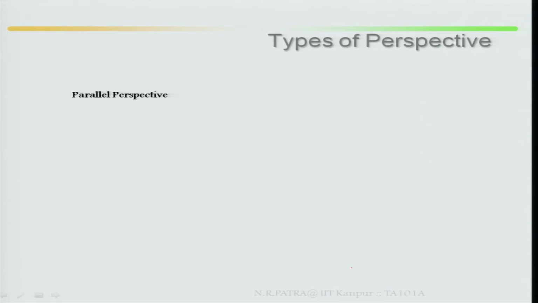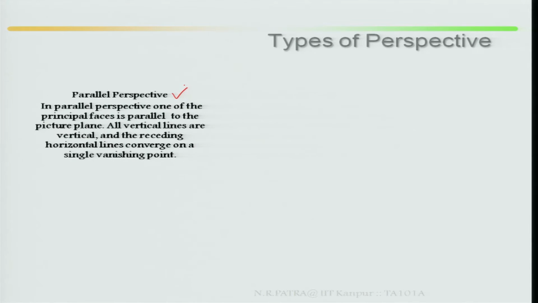Number one is your parallel perspective. In parallel perspective, one of the principal faces is parallel to the picture plane. Remember this, one of the principal faces, meaning x, y or z, is parallel to the picture plane.